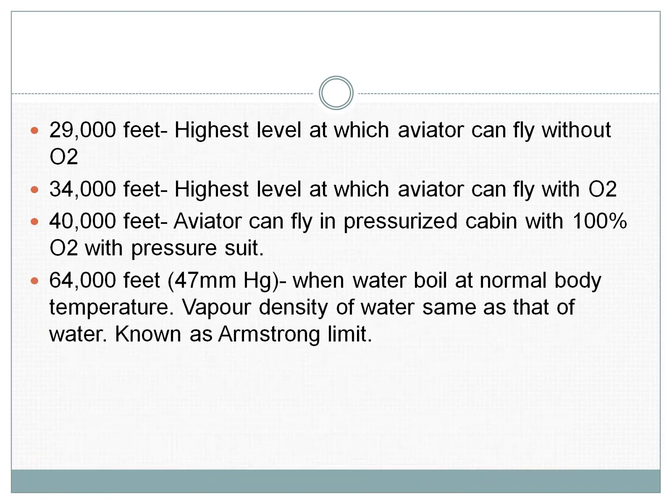Then, when water boils at normal body temperature, the vapor density of water is the same as that of water, and that is known as the Armstrong limit. This Armstrong limit is 64,000 feet. More than that, the water inside the body will start boiling. So these normal physiological changes, you will have to remember.